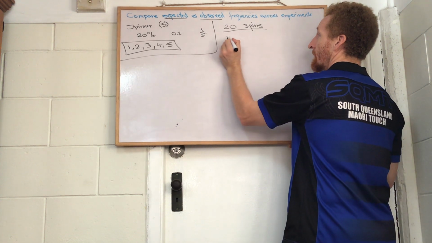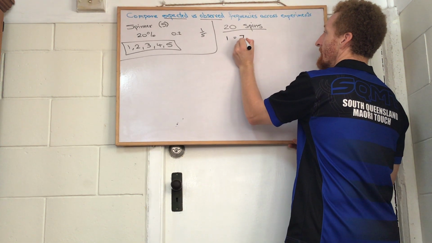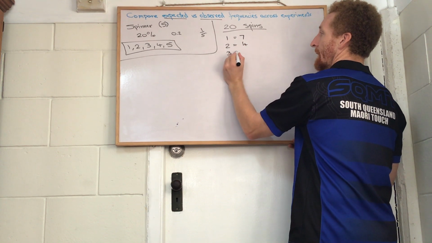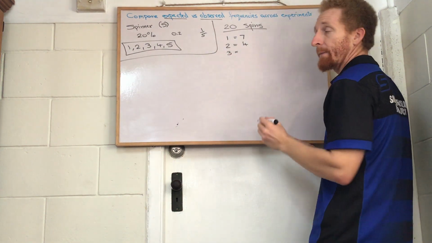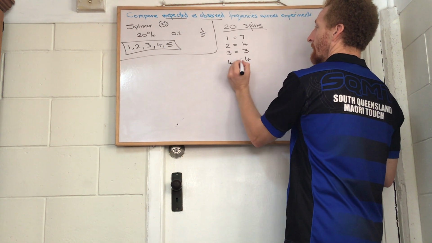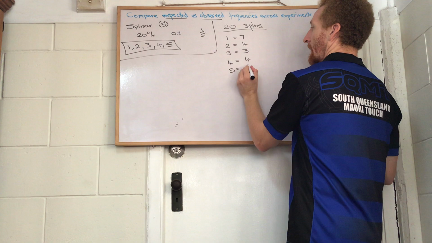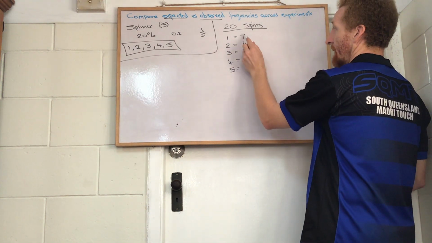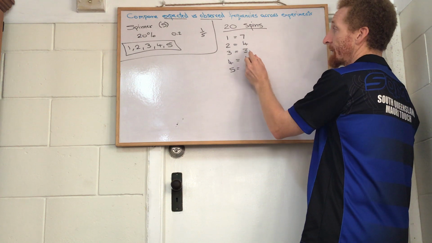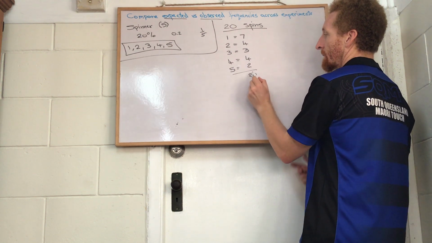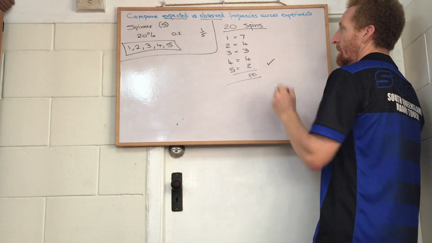And I actually got, for 1, I got 7, for 2, I got 4, for 3, I got 3, for 4, I got 4, and for 5, I got 2. Now let's just double check that we actually have 20. 7 and 4 is 11, and 3 is 14, and 4 is 18, and 2 is 20. Yeah, so we've got that there.